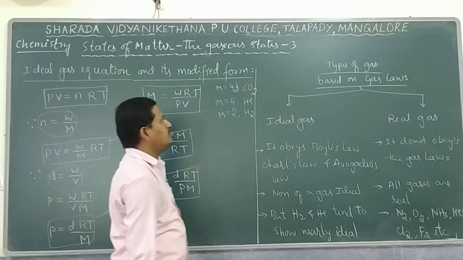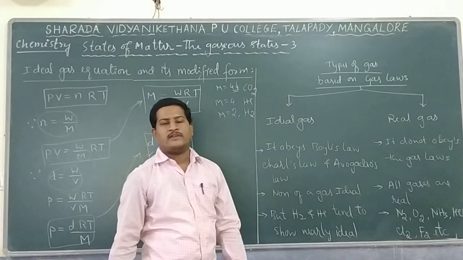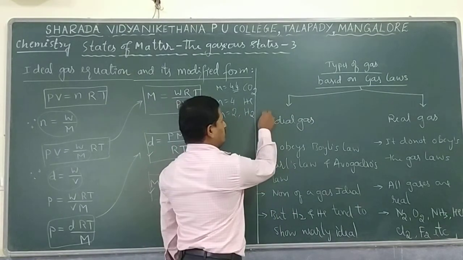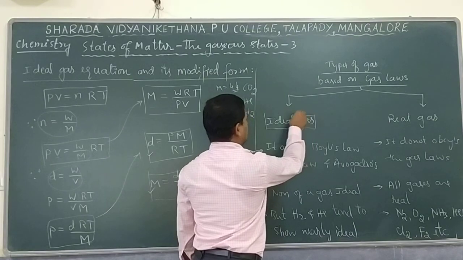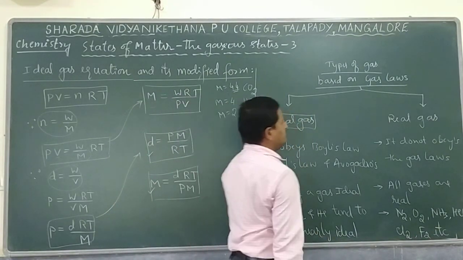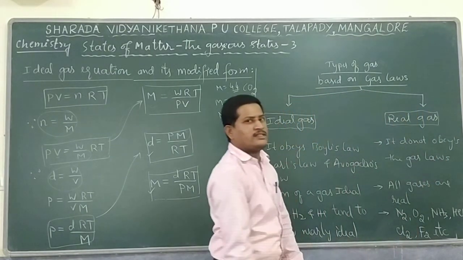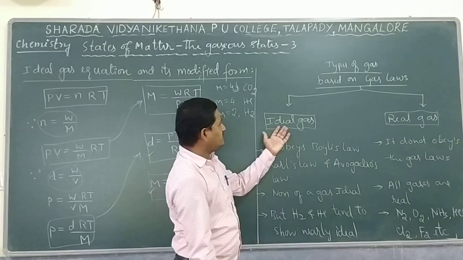Let us go with the types of gases based on gas law. There are two varieties of gases one can find based on Boyle's law, Charles's law, and all those gas laws. One is called an ideal gas, another is called a real gas. What is this ideal gas?